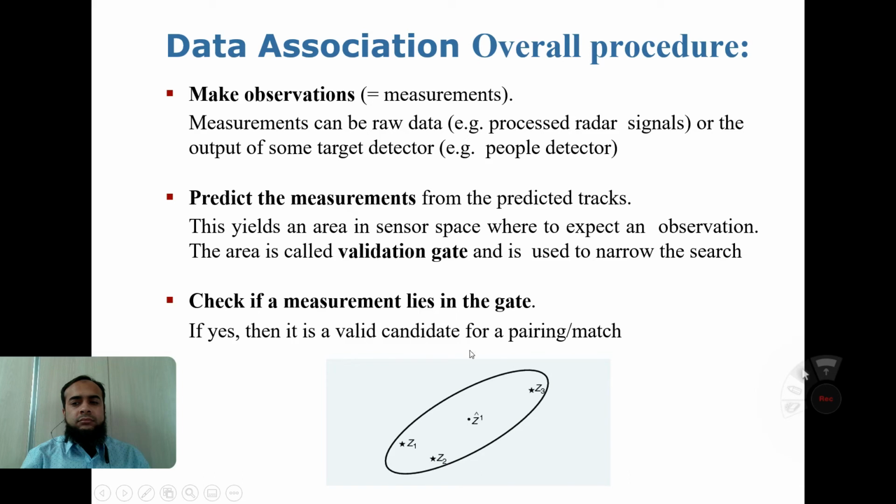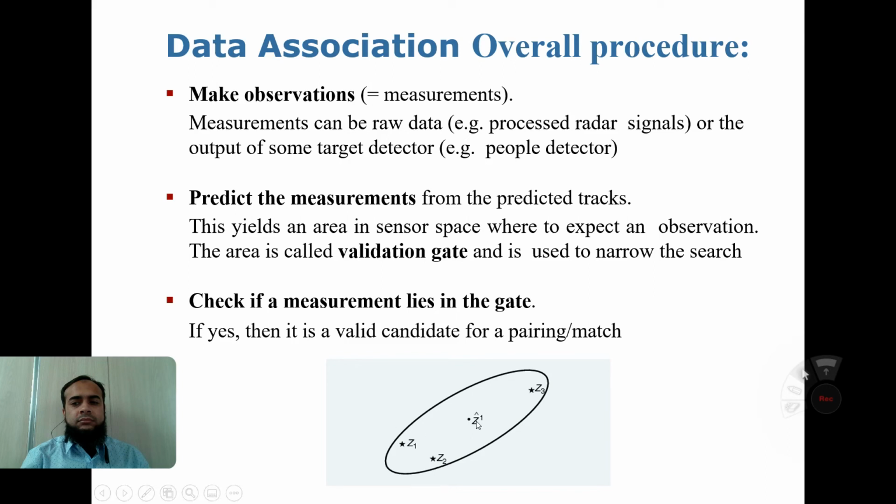For example, these are measurements Z1, Z2, and Z3, and in the service region only three measurements are validated. In this way, using the validation gate, we ignore all other measurements, because those measurements do not match our interest.